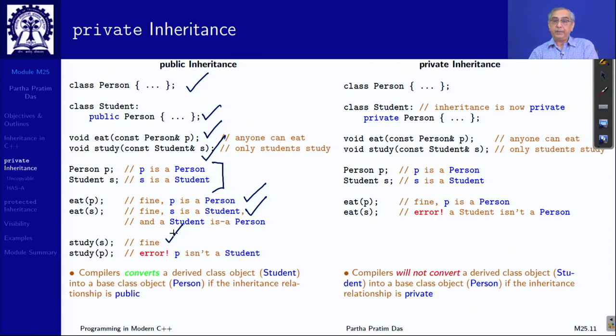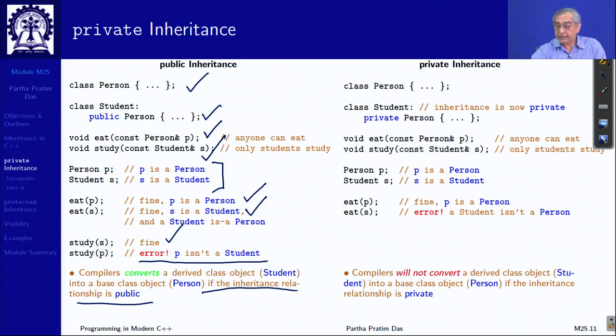The study can be done by a student, it is fine, but naturally I cannot pass a P or a person object to study, because a person in general is not a student, does not study. Right. So, the compiler converts a derived class object student into base class person if the inheritance relationship is public.